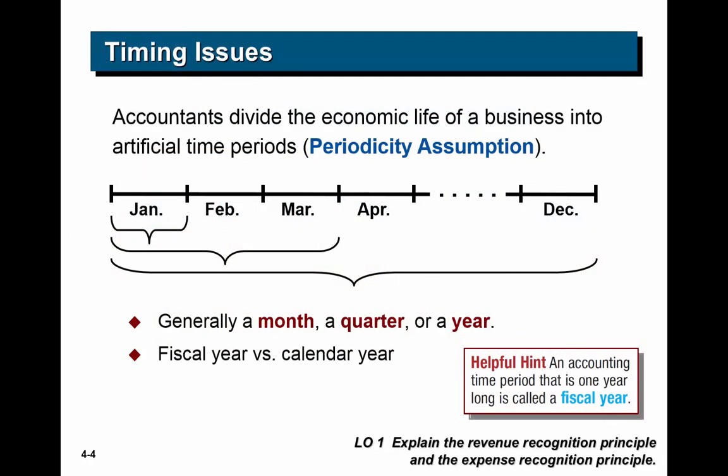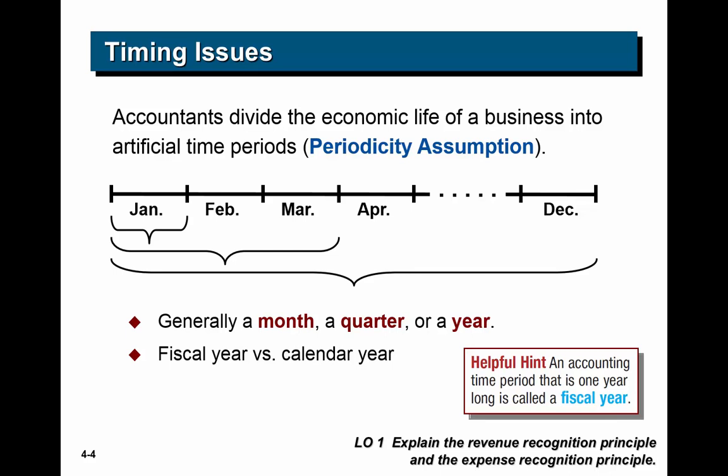All right, so here's what happens. As accountants, we have to create an artificial series of periods to record accounting information. If you think about it, all time is kind of an artificial construct. God's probably not limited to months and years the same way we are.